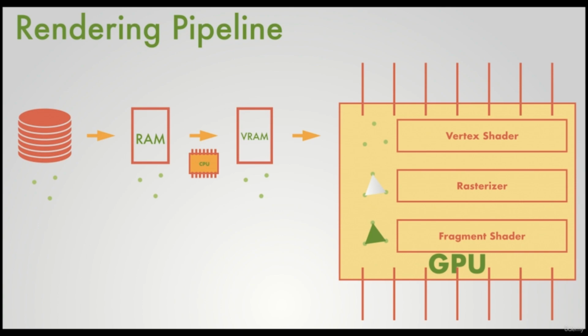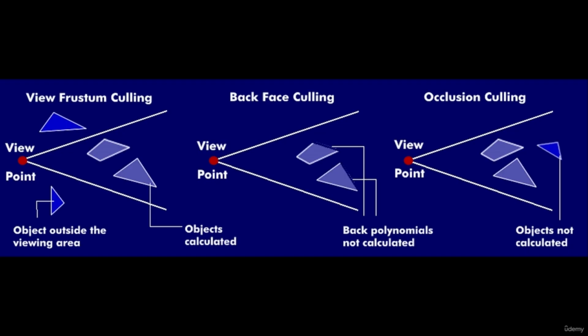Culling means that we only show vertices or the points that are visible to the camera. For example, we only render what the camera sees, or for example, we only render the front side of the game object to save performance or to keep the game smooth.